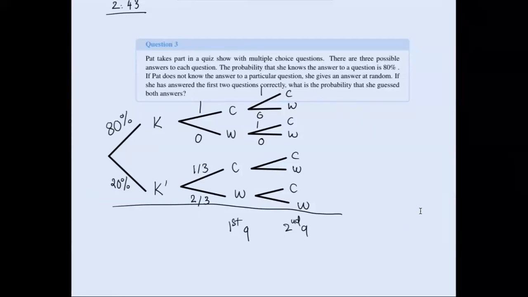Do we also do K and K prime for the second question? Doesn't this assume that either she knows both answers or doesn't know either? Yes, we do assume that, just for the sake of simplicity. I think this should be worded better, but this is the intended answer that they want.